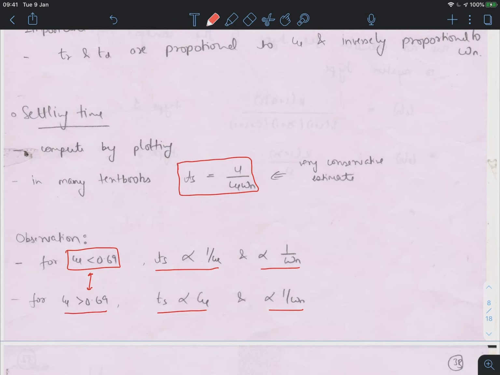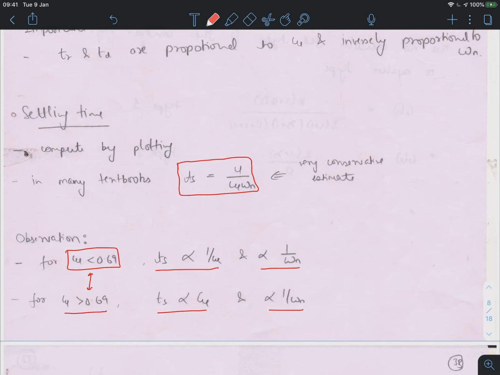So we said that this is a very conservative estimate. Why this is a very conservative estimate we had seen when we did the computation. Now, generally the settling time you obtain by plotting the responses. But in many textbooks, you find this formula.